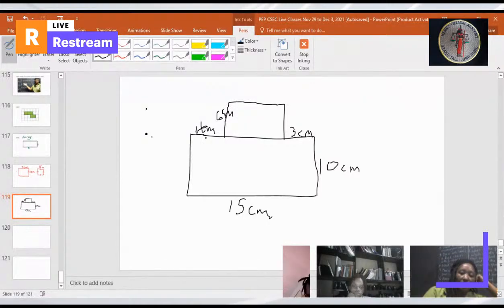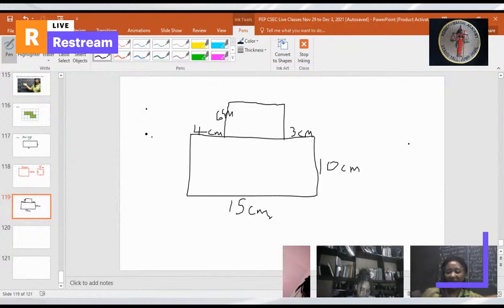Let me write them properly. This is 4 centimeters, this is 6, this is 4, this is 3, that's 10, that's 15.